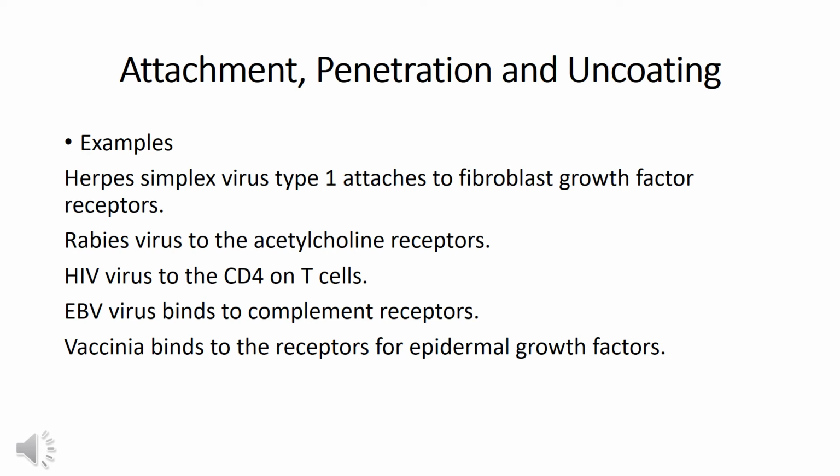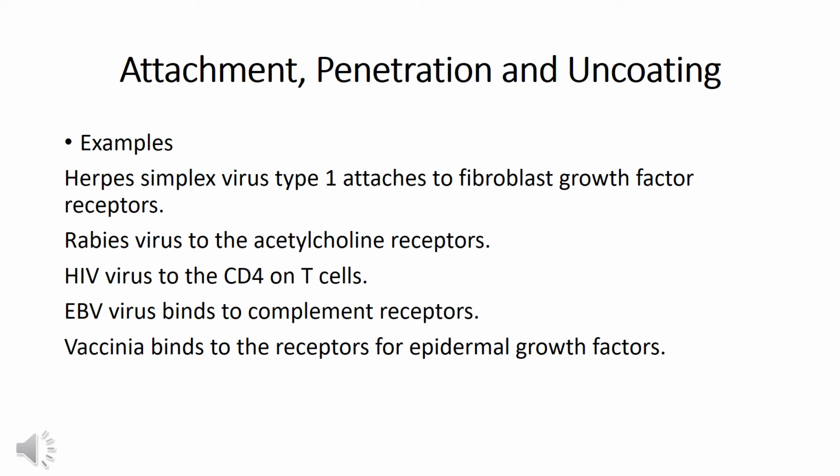There are a few examples of attachment specificity according to the receptors. Herpes simplex virus type 1 attaches only with fibroblast growth factor receptors, the rabies virus attaches to acetylcholine receptors, and the HIV virus attacks CD4 receptors on the surface of T lymphocytes.